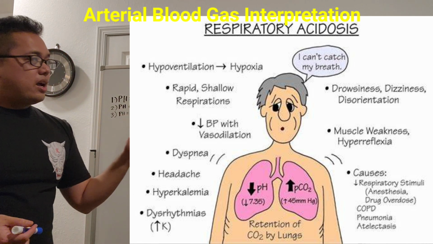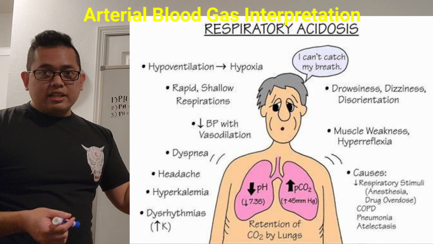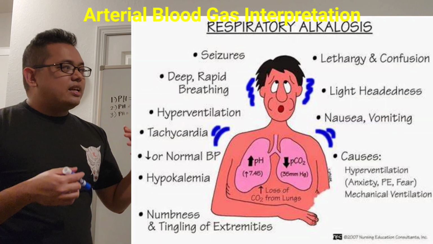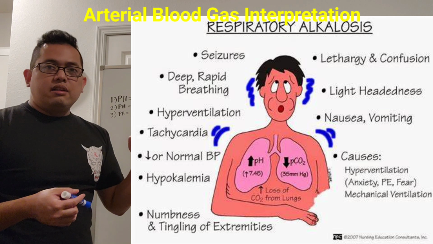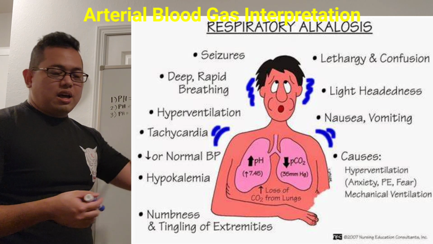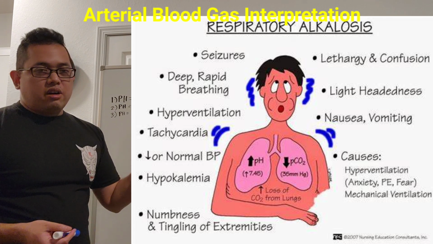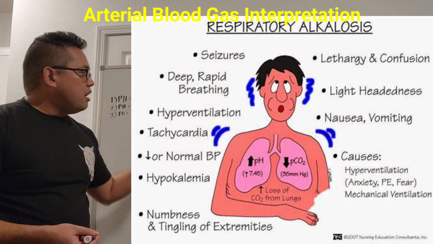So respiratory acidosis, and then the next one is the signs and symptoms if somebody is experiencing respiratory alkalosis and what to look for as a nurse or healthcare professional. So I'll give you time for that.